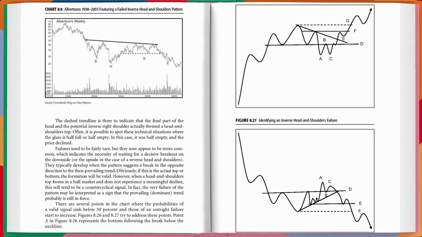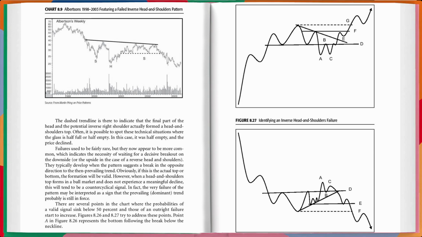Failures used to be fairly rare, but they now appear to be more common, which indicates the necessity of waiting for a decisive breakout on the downside, or the upside in the case of a reverse head and shoulders. They typically develop when the pattern suggests a break in the opposite direction to the then prevailing trend. Obviously, if this is the actual top or bottom, the formation will be valid.